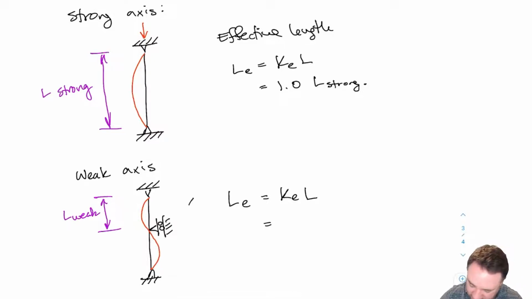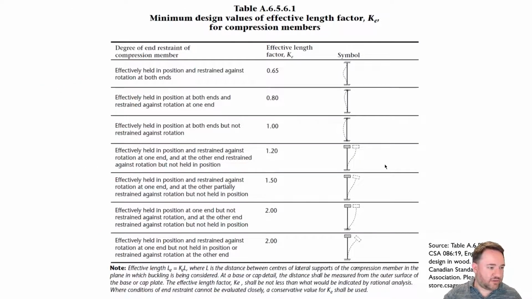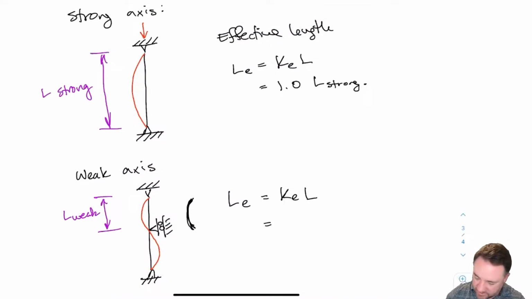Since this buckles in a shape like this, which is kind of half of a sine, not necessarily exactly the shape, but how I'm describing it, I can go back to the table and find which one has a curve that looks like that. Again, it's the same one here, which is 1.0 for KE. So this one is also going to be 1.0 times L weak.